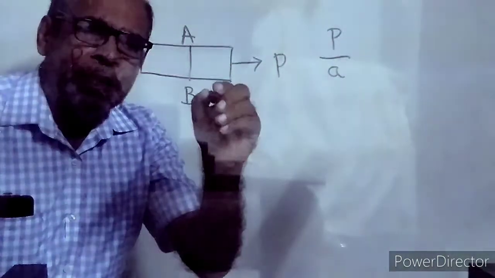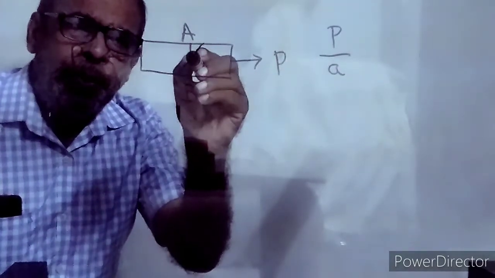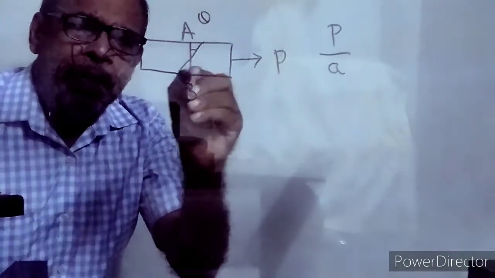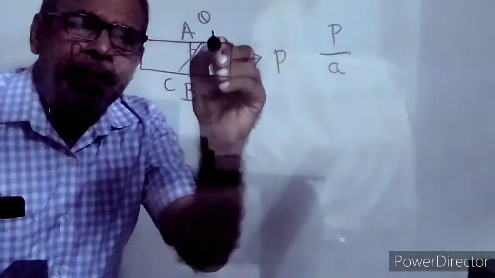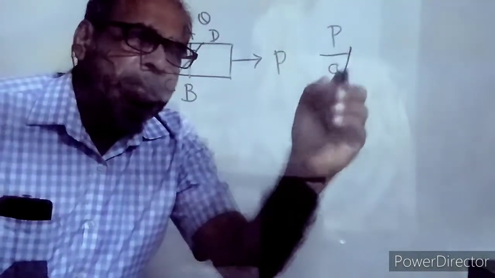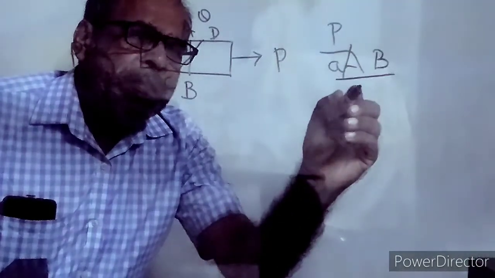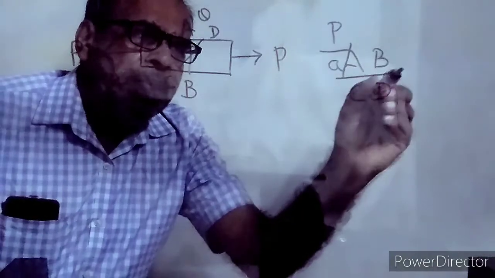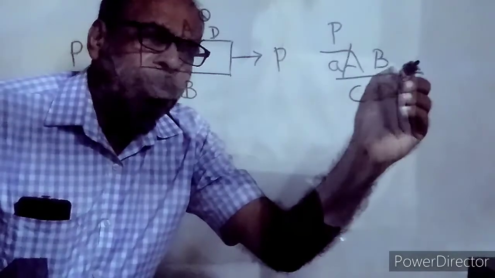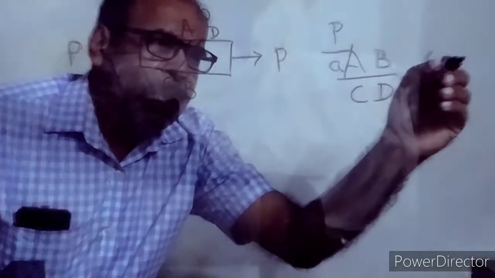Consider another plane, theta degree to AB, which is CD. We know AB by CD equals adjacent side by hypotenuse, which is equal to cos theta.